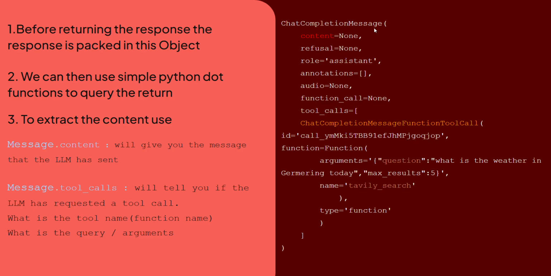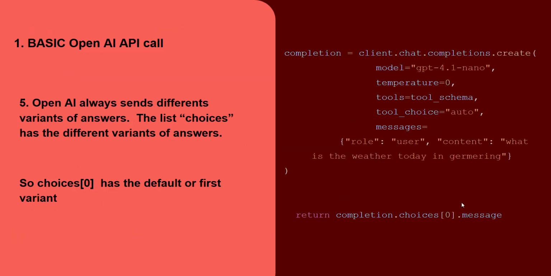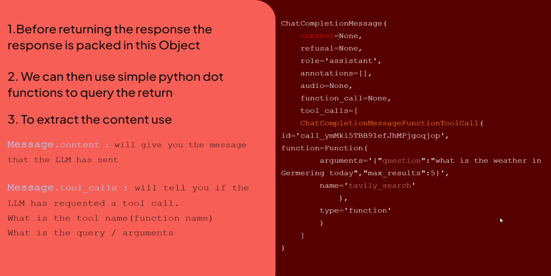This is the structure that the OpenAI LLM packs the information in and sends back to you. Now, to extract this information from this dot message, we need to understand this structure. Okay, what is the structure of this?